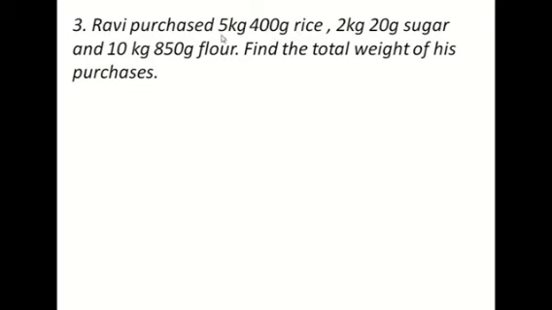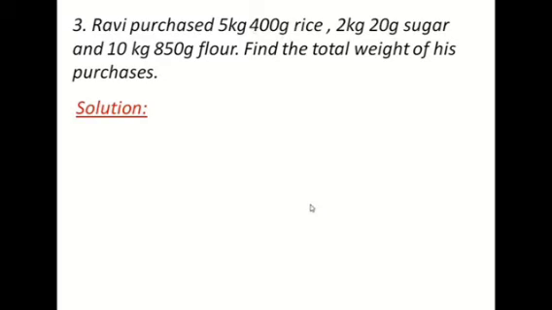Before adding, you can see the weights are given in kilogram and gram together. So we will convert them completely into kilogram. Then we can add. So let's start. Ravi purchased rice 5 kg 400 gram. You know 1000 grams makes 1 kilogram. So if I divide 400 gram by 1000, it will be completely in kilogram.